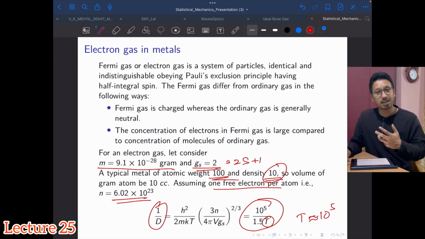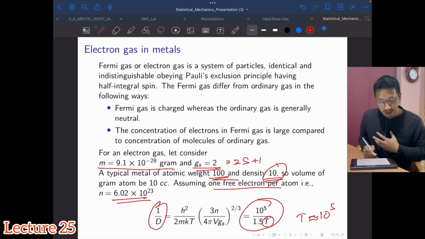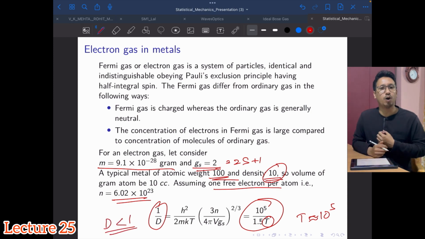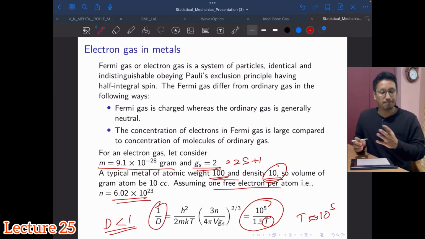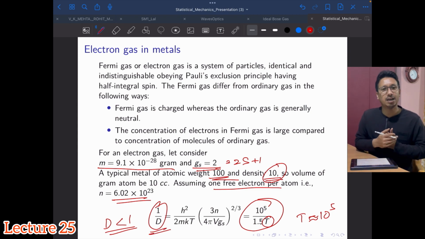If this factor is much less than 1, it means this gas is strongly degenerate. So I have to apply something different than the classical statistics that we know. That's why for these electrons, because the degeneracy is sufficiently high, I have to apply Fermi-Dirac statistics for our normal temperatures.